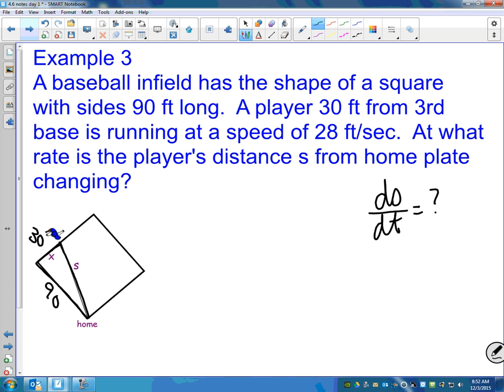If this is 90 and this is 90, I'm telling you, this is actual. These are real numbers. This is not made up.